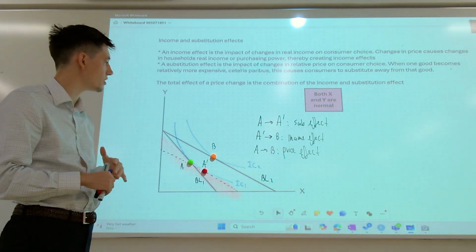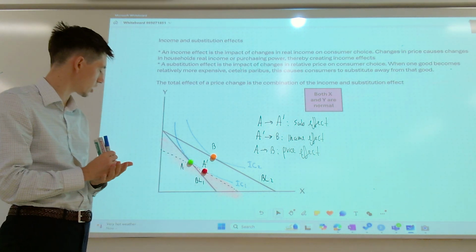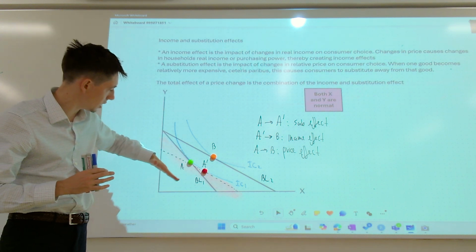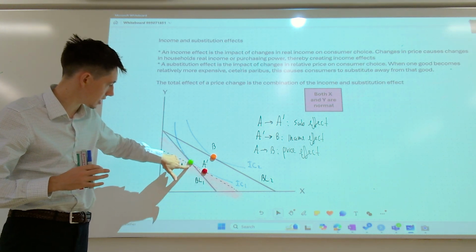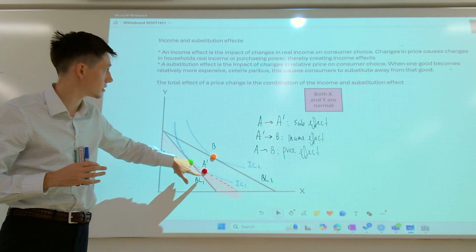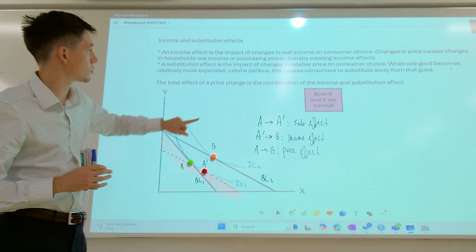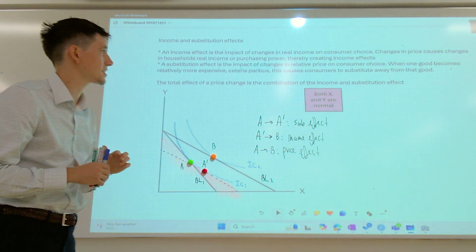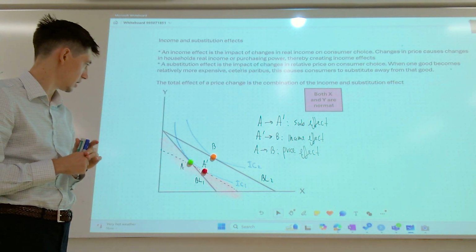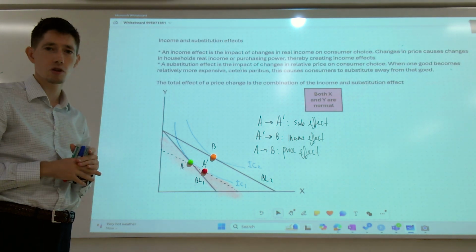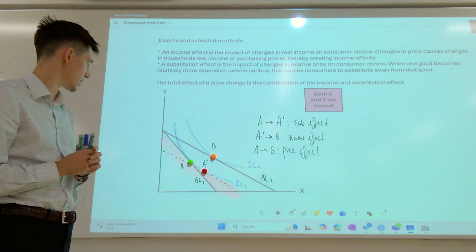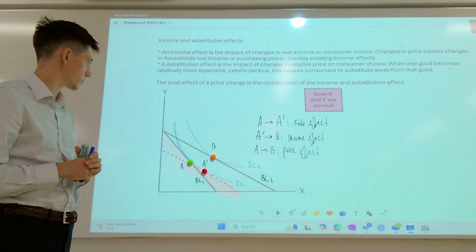And really try and understand the intuition behind what we are doing when we say that A to A dash is the substitution effect. It all hinges on this proper understanding of what we mean by ceteris paribus. Okay? That's going to be crucial if you're going to be able to write reasonable essays about this topic.